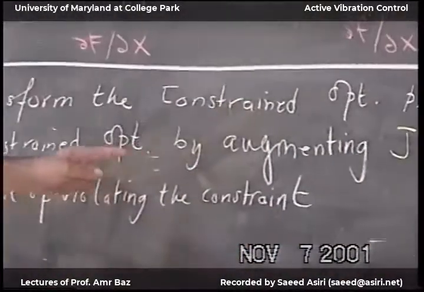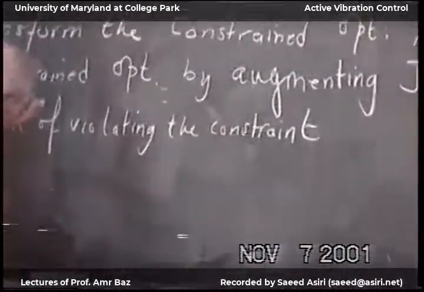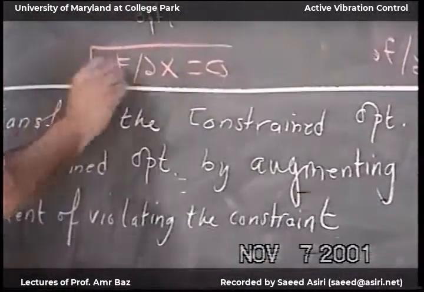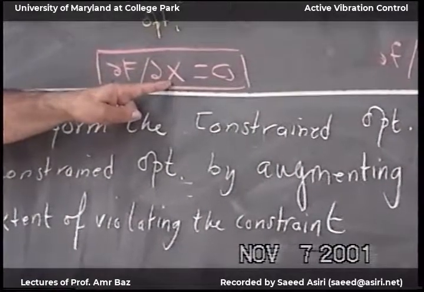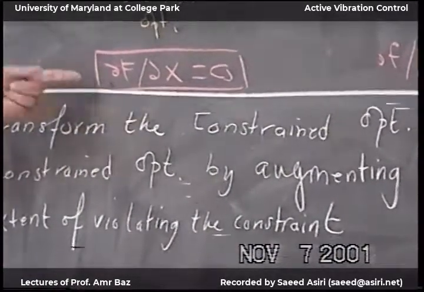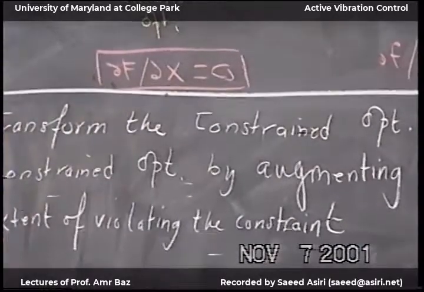So once we do this, it becomes unconstrained optimization, then I can apply this simple equation. So I can find the best control gain that will satisfy this fact that partial of the objective function with respect to the variables is equal to 0.